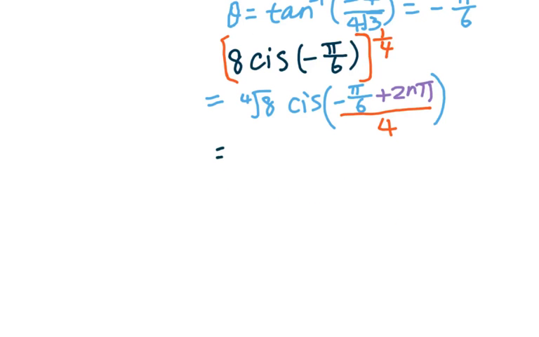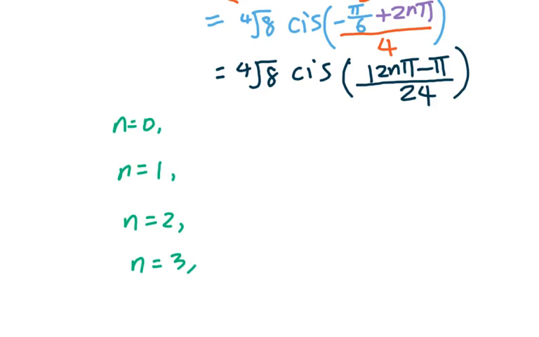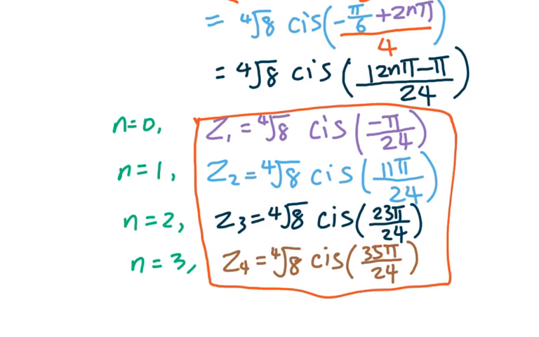Then we simplify, we got the fourth root of 8 cis of 12n pi minus pi over 24. Now we can set up when n equals 0, 1, 2, 3 separately, and we can figure out the solution to this problem. So all these 4 will be the solution to this problem.